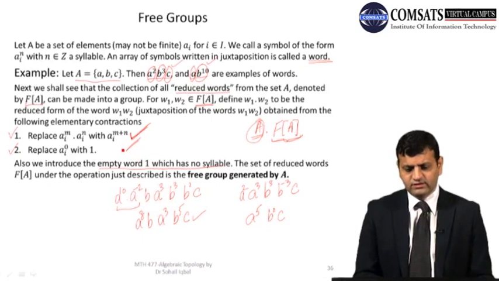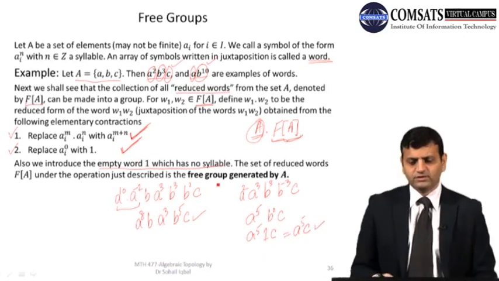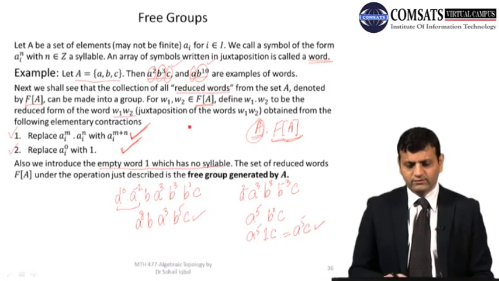Using this second condition we can say that this is 1 times c, so this is a^5 c. So the collection of all reduced words forms a group. What is going to be the binary operation? The binary operation on this collection of reduced words is just word juxtaposition. So for example, if I need to multiply this word with this word, then I just write them down one after another.